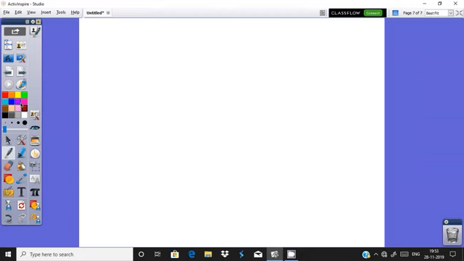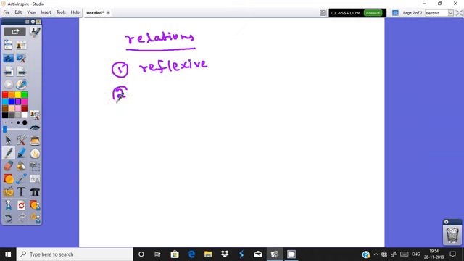Now we'll concentrate on what is meant by relations. There are three types of relations. One is called reflexive. Number 2 is called symmetric.